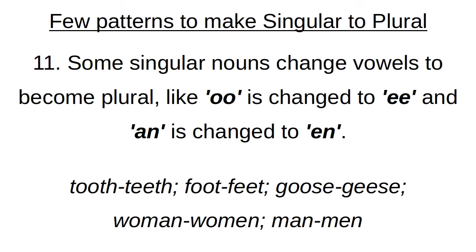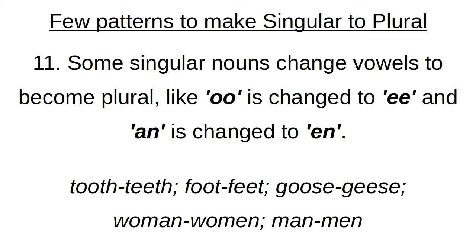To make plural, some singular nouns change their vowels. For example, A is changed to E, OO is changed to EE. Like goose is changed to geese. So here, goose, OO is changed to EE, so it becomes geese. Foot, feet. Tooth, teeth.